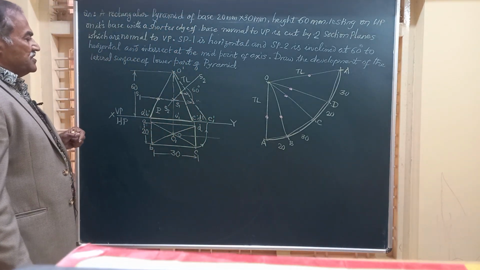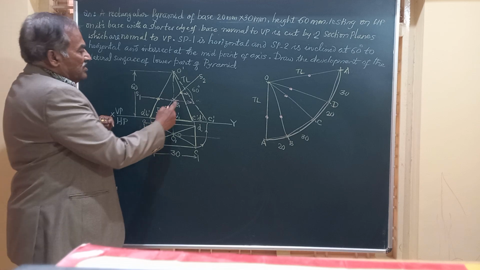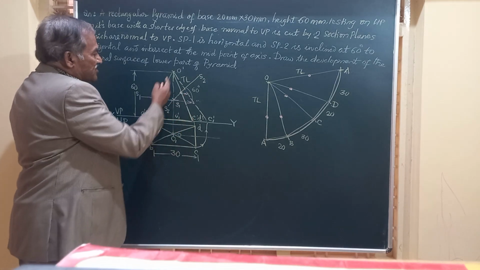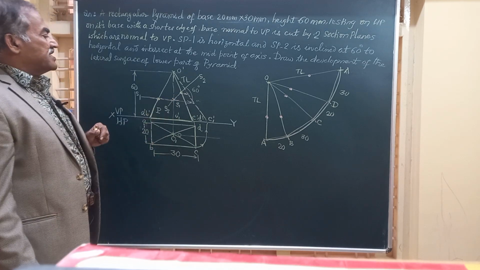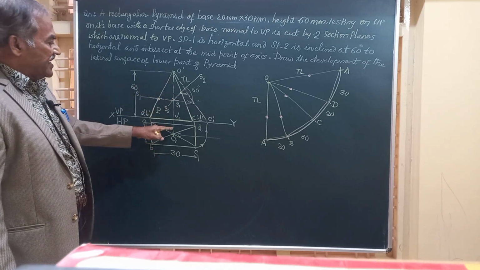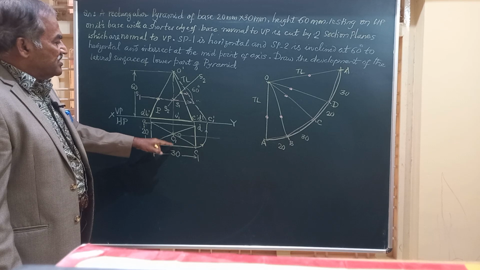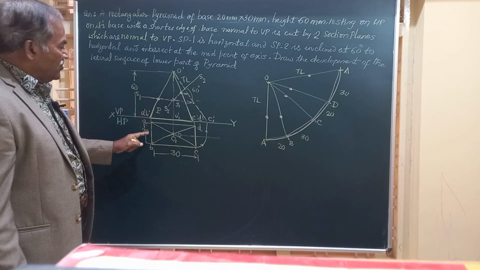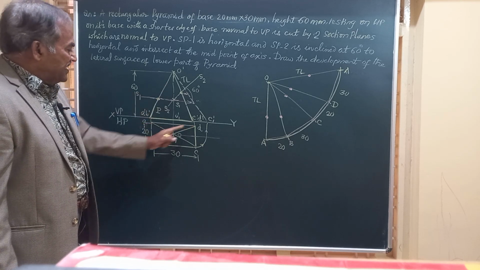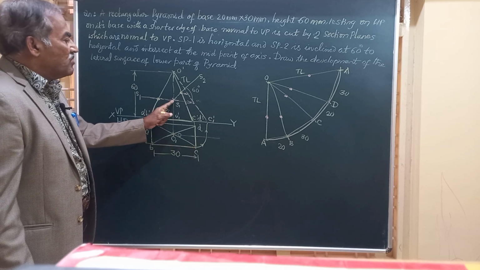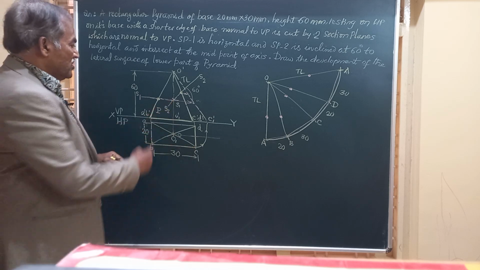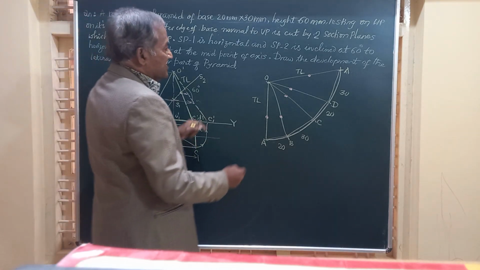Then friends, the two slant edges are cut here, but these two intersect at the midpoint of the axis. So friends, here at the midpoint, I have to show a line in between AD and a line between BC, and there we have to mark this point of intersection. So I have to take AD and BC.